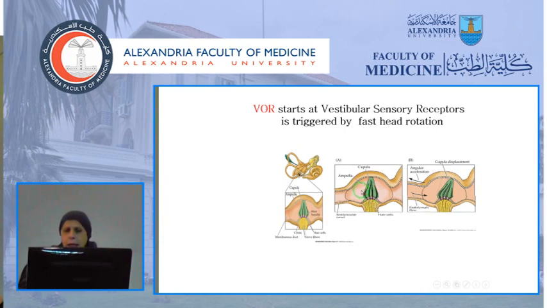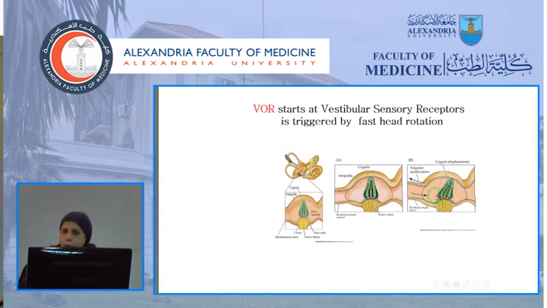As the endolymph lags, the gelatinous cupula is displaced from its resting position, and it drags with it the stereocilia that are embedded in this gelatinous part.